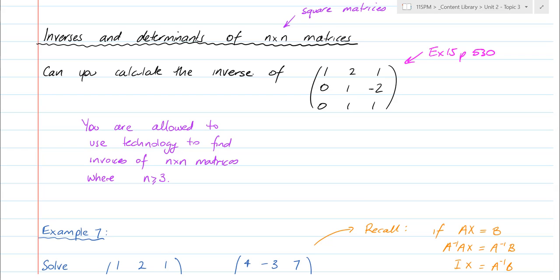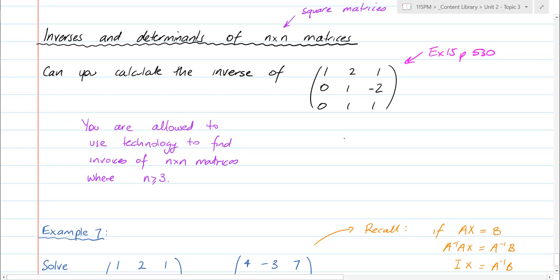I get 1, 2, 1, 0, 1, negative 2, 0, 1, 1. And I've set that up for my 3 by 3. That was in the main screen, and then math, and then F1. And now I'm going to raise that to the power of negative 1. And it gives me this.